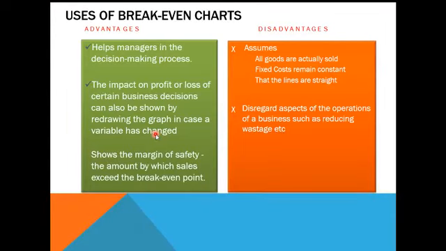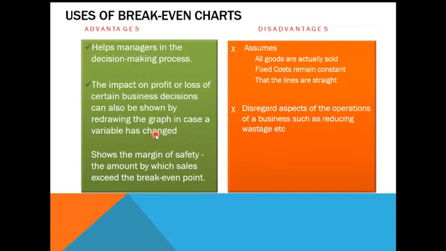What then are the disadvantages of the break-even chart? Break-even works on an assumption, and the assumption is that every good must be sold. And that is why the line is always straight. Another assumption is that the selling price does not change. It's an assumption. Your selling price cannot be fixed.